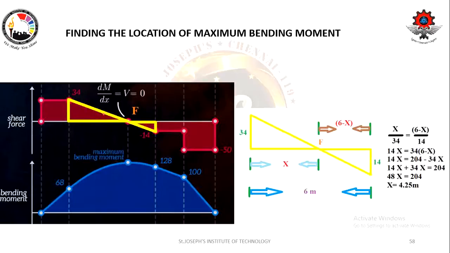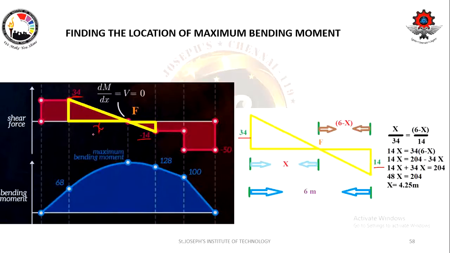What I have done is zoomed out that particular similar triangle here. It has a height of 34, you can see it is 34, and the other is 14. I am taking this distance to be x.